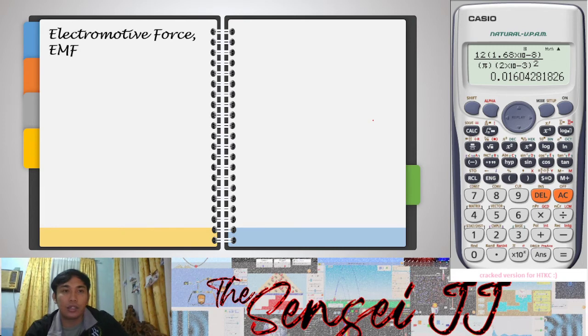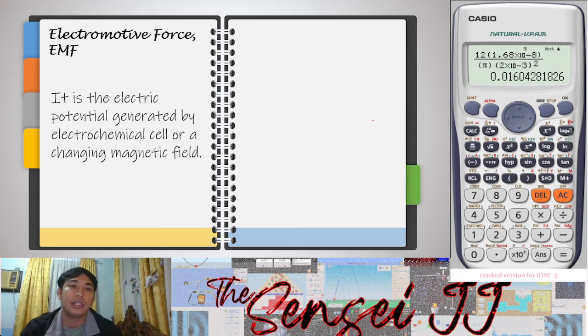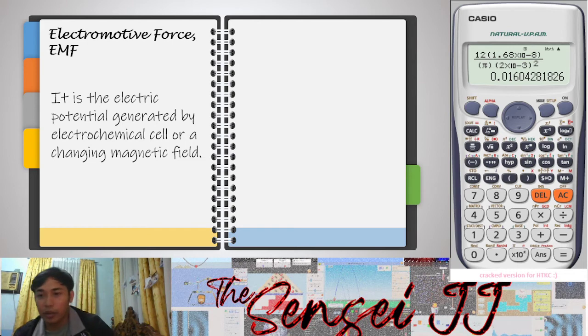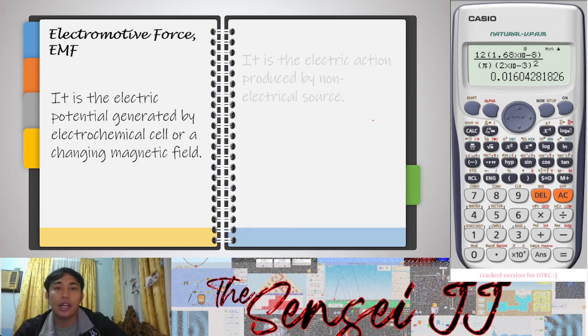Next we have electromotive force, or EMF. It is the electric potential generated by an electrochemical cell or a changing magnetic field. We can also get it from solar and from heat.